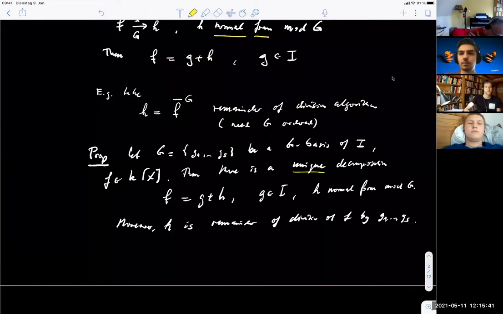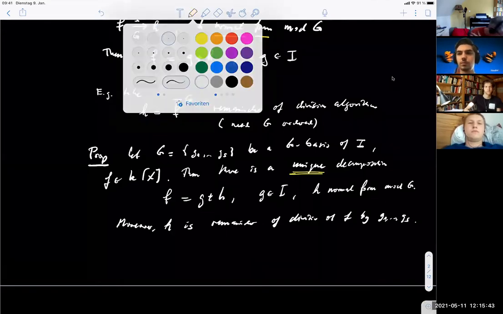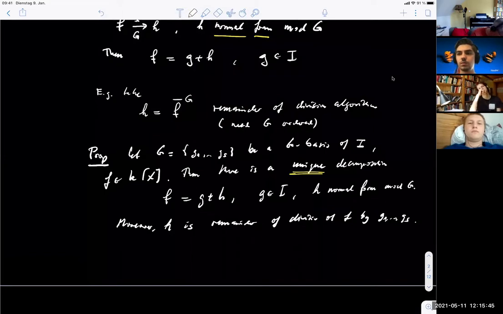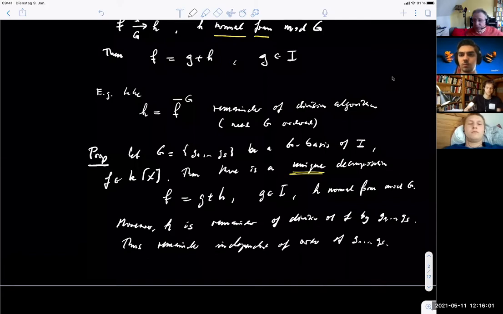Thus the remainder is independent of the order of these polynomials. So somehow the deficiency we had in this division with remainder does not exist anymore when you divide by a Gröbner basis. Everything is good when you have a Gröbner basis.